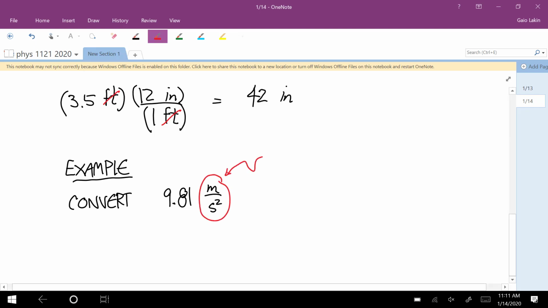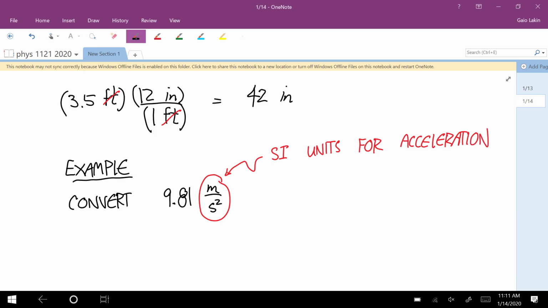This will come up again later, but this is the SI units for acceleration. And 9.81 meters per second squared is the acceleration of an object in free fall near the surface of the Earth.